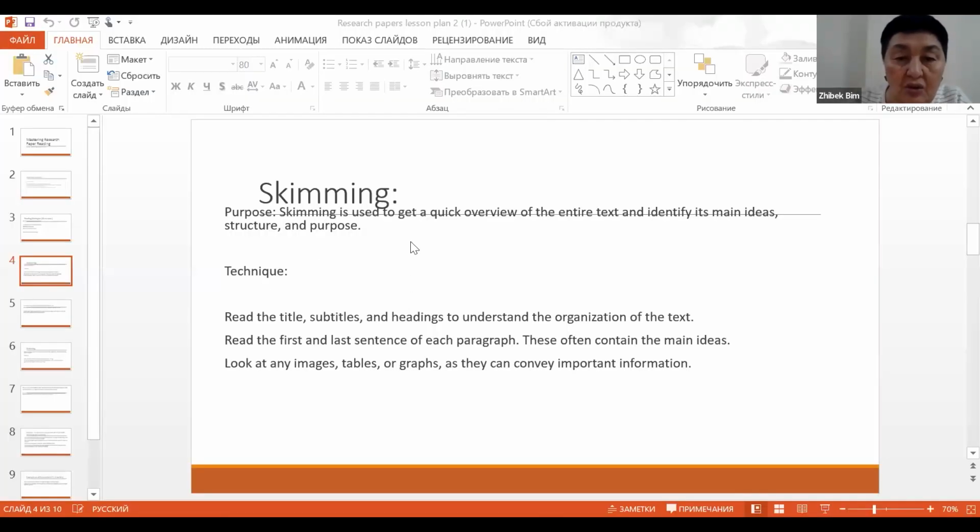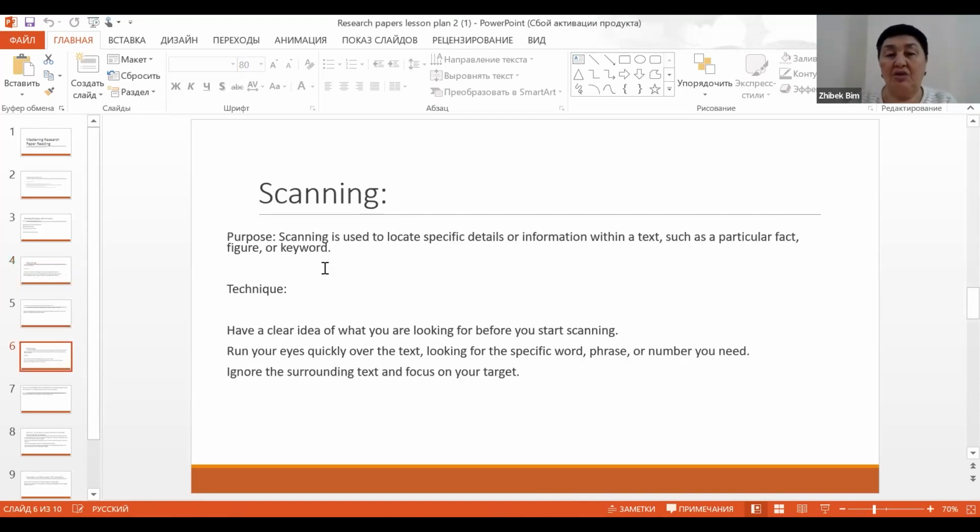So let's continue. What is skimming? To get a quick overview and identify the main idea, structure, and purpose. As for technique, read the title, subtitles, and headings to understand the organization of the text. So it was your home task, I am just reminding you. Scanning, the word scanning, you also know it.